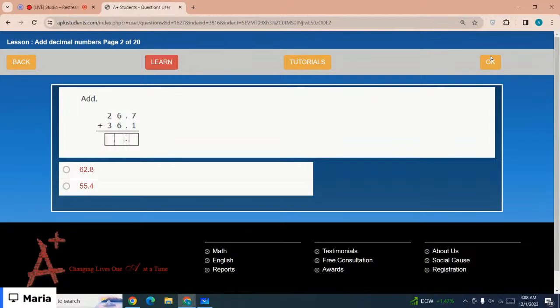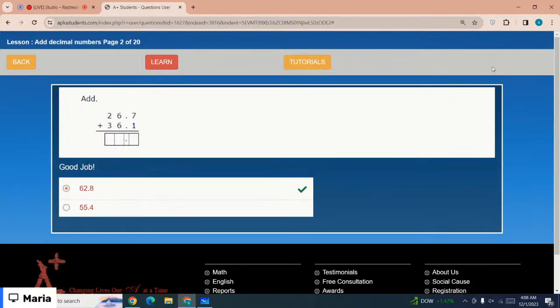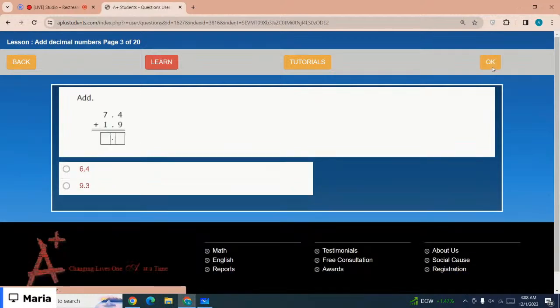Yes, the correct option is 62.8. Very good. Okay, the next one is 7.4 plus 1.9, which is the correct option?